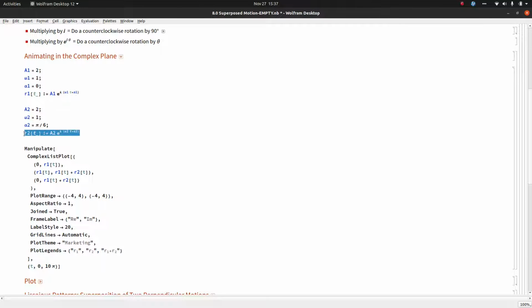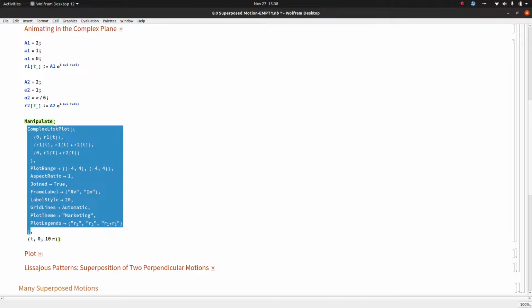Similarly, for the second harmonic motion that we're going to superpose, it's got an amplitude 2, an angular velocity of 1, and a phase shift of pi over 6, which is 30 degrees. And again, same functional form, amplitude times e to the i, angular frequency times time, plus the phase shift.